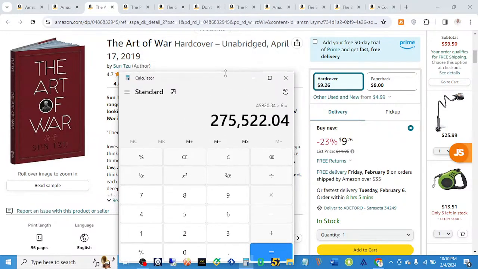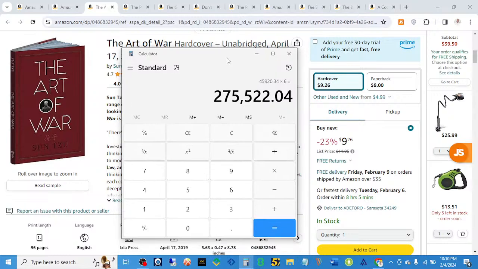So that is 5 years back. Divided by 5. This is an approximate amount he is making on this book per year, about $55,000 per year. Now let's divide this by 12, the number of months.